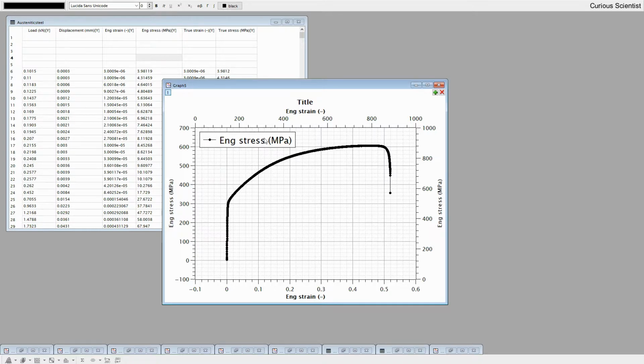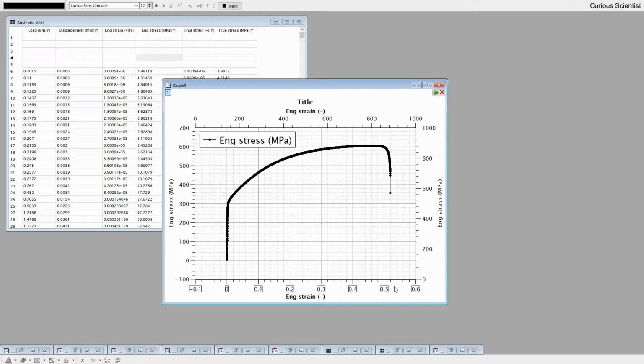But now we have different terms. So as you can see, we have megapascal now as stress values, and we have like 600 at the maximum, and then we have this engineering strain without any units, and it shows 0.5, which is 50% elongation in this case.